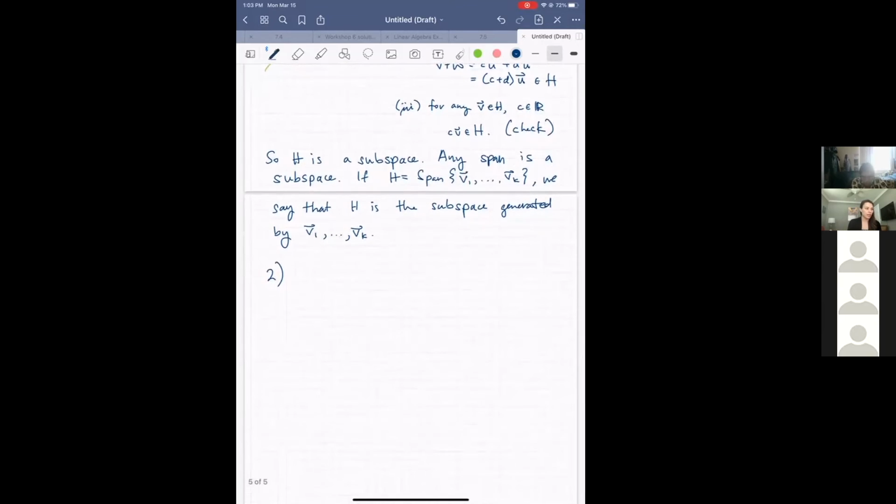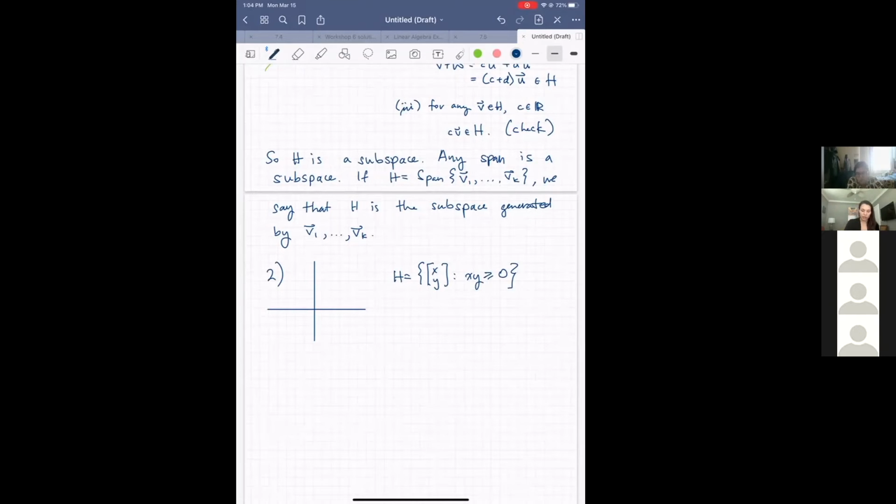Let's do another, let's say, more concrete example. Here, we're still in R2, but we're going to take H to be the set of vectors x, y such that x times y is greater than or equal to 0. Okay, so what does this include?